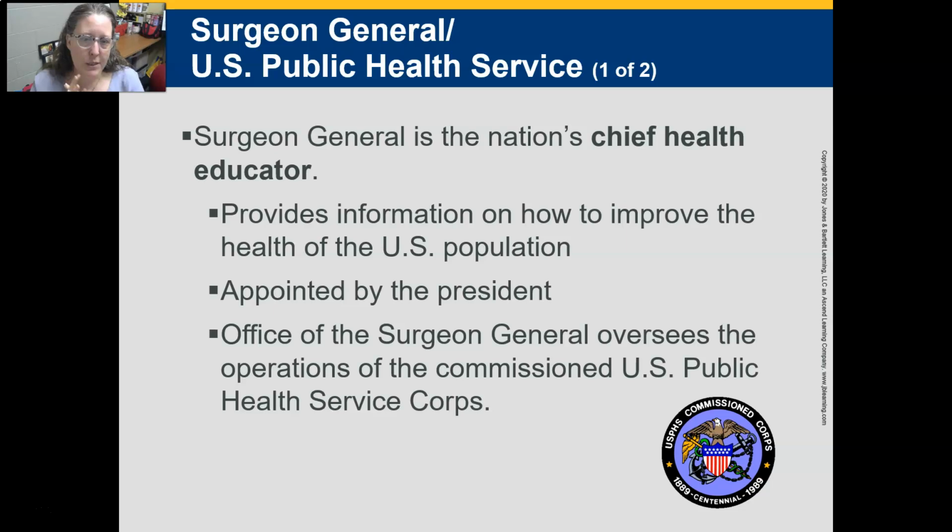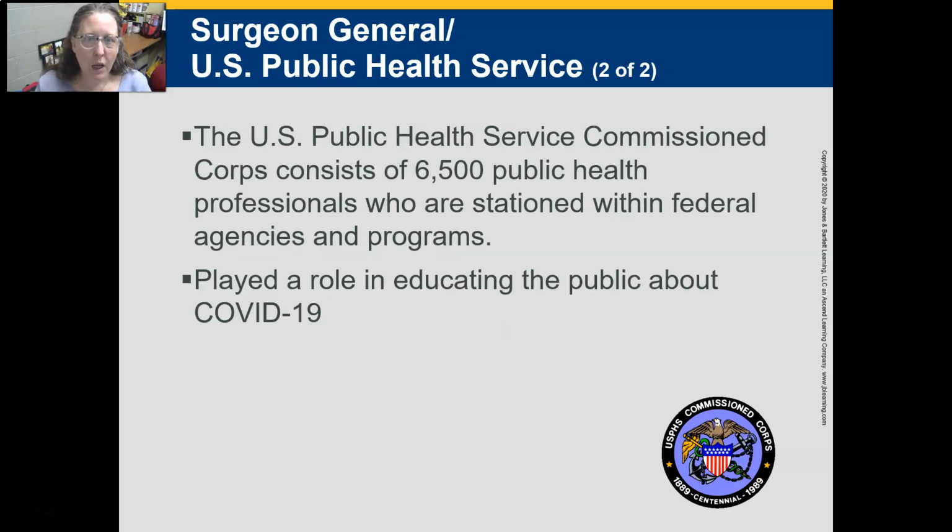This person is appointed by the president, and also oversees the operations of the U.S. Public Health Service Commissioned Corps. The U.S. Public Health Service Commissioned Corps consists of 6,500 public health professionals who are stationed within federal agencies and programs. So, for example, they can be stationed at the CDC, and they played a role in educating the public about COVID-19.